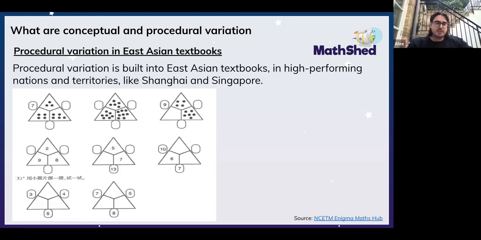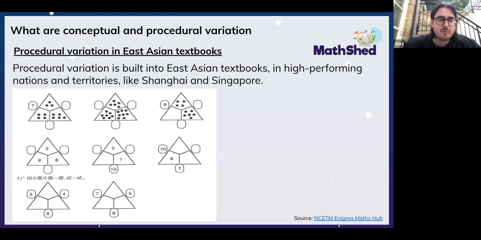Okay, so moving on to procedural variation. This is something that you see examples of in various different training, whether it's from the NCETM, or academic papers that have been written by East Asian educators or academics in Western nations looking at East Asian schools.